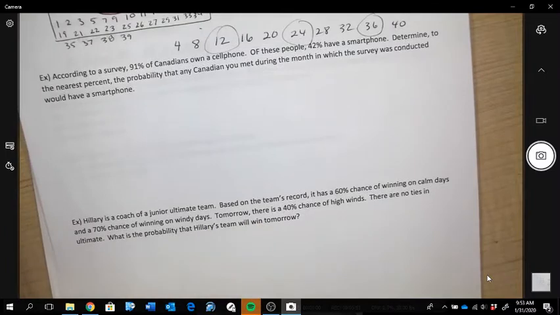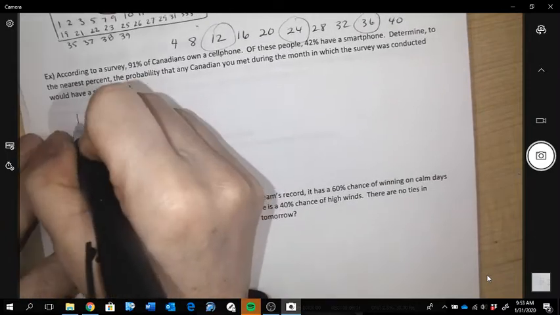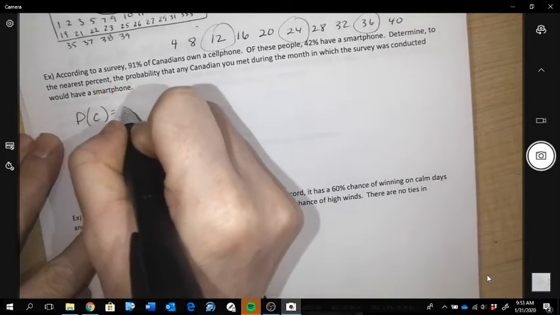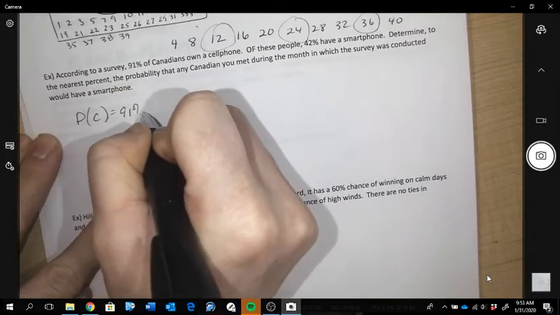Okay, according to a survey, 91% of Canadians own a cell phone. Of these people, 42% have a smartphone. Determine to the nearest percent the probability that any Canadian you meet during the month in which the survey was conducted would have a smartphone. Okay, so the probability of a cell phone equals 91%.